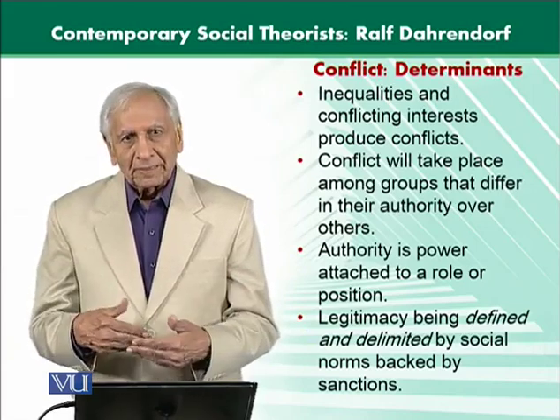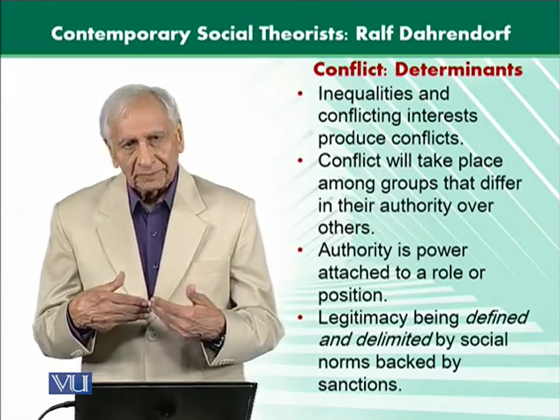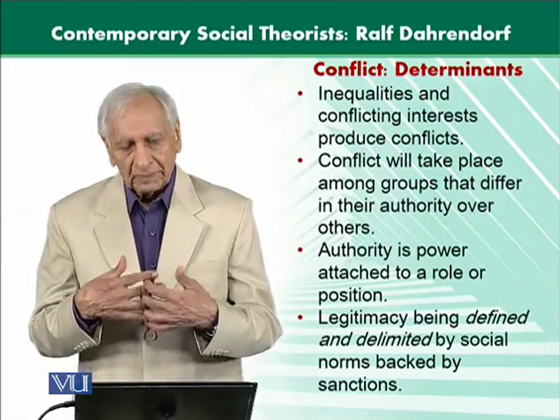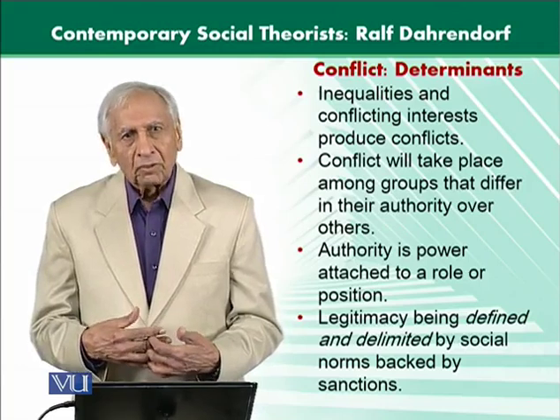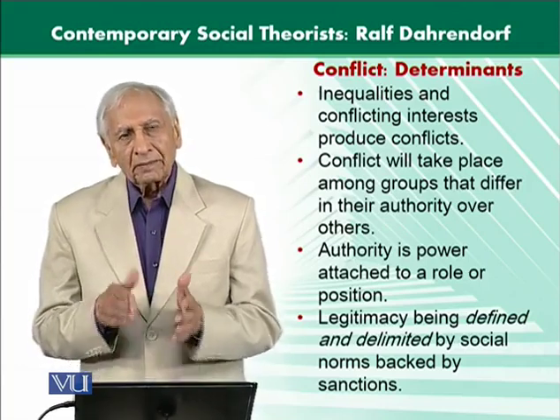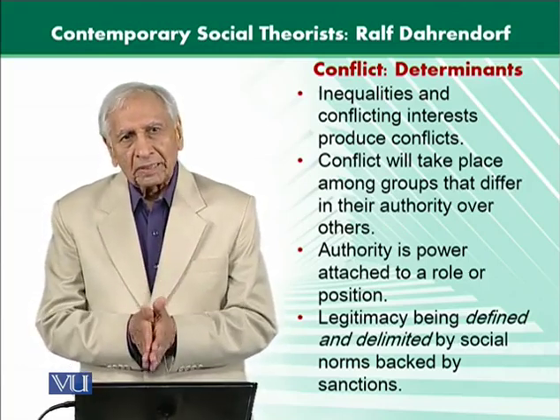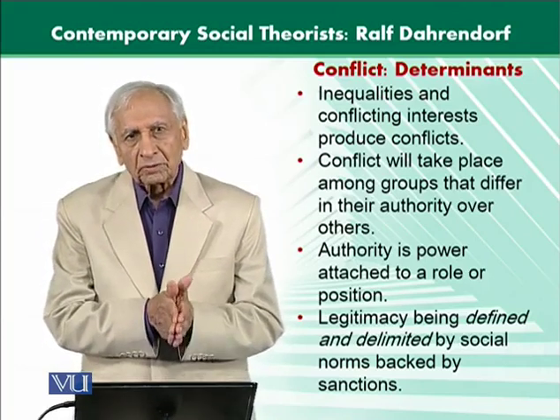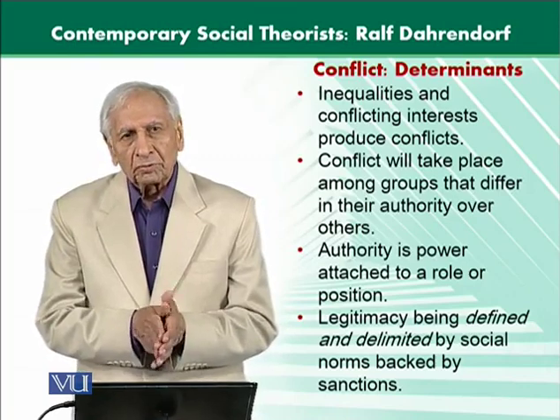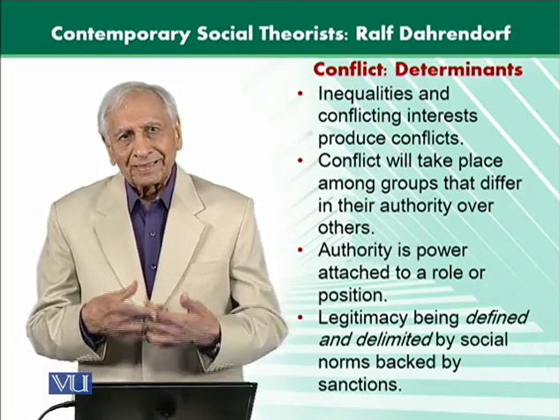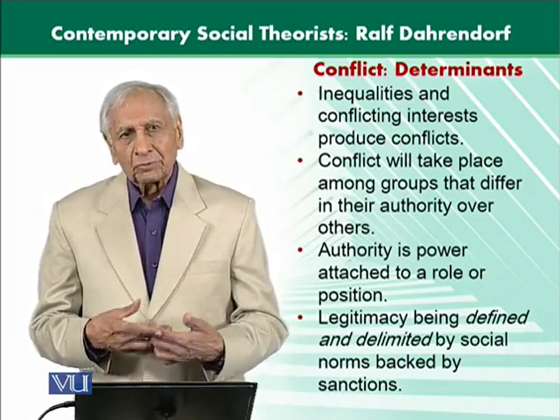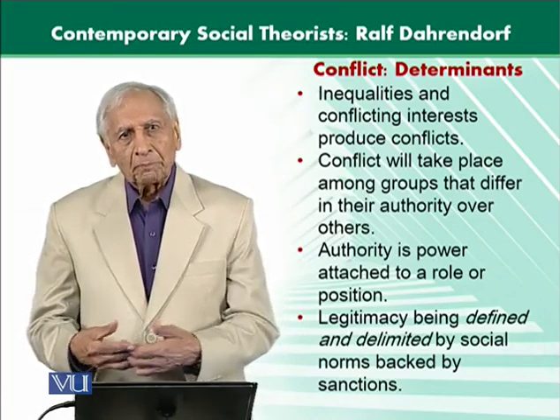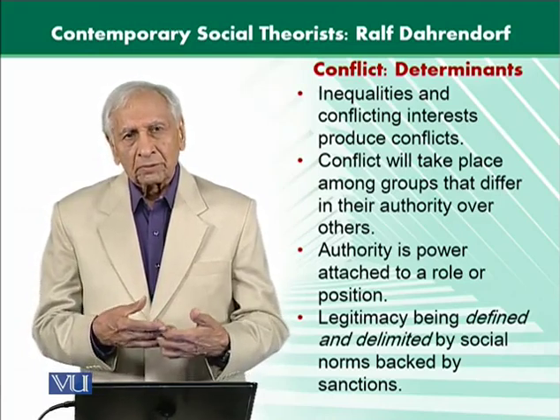So legitimacy usually is defined or determined or delimited by the norms of the society, and when the norms of the society give legitimacy to certain authority, it also provides, let's say, sanctions so that those who violate that authority may be brought back under control.